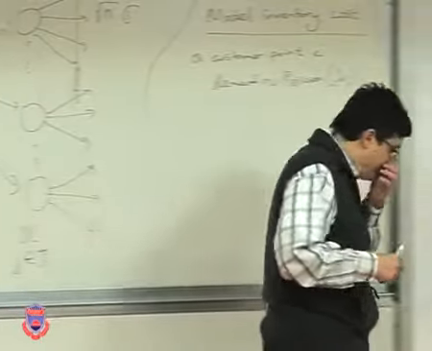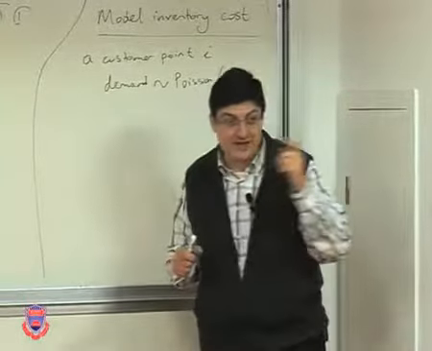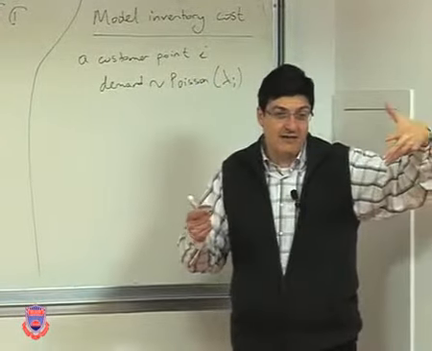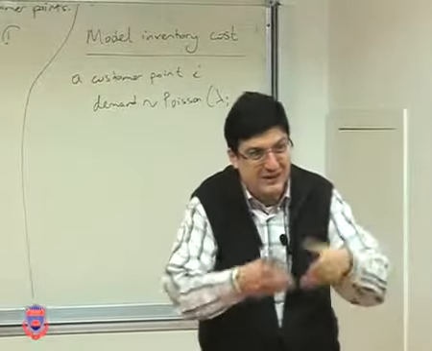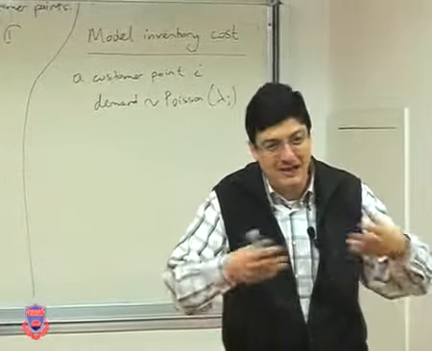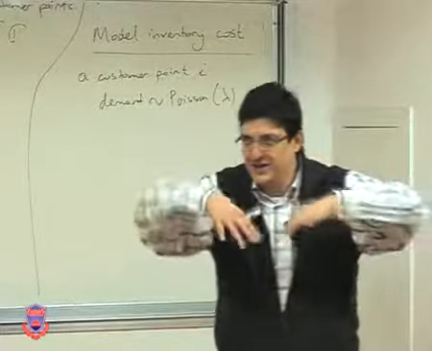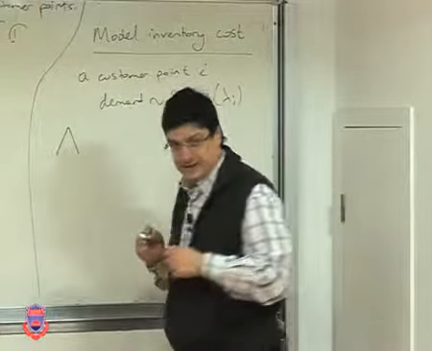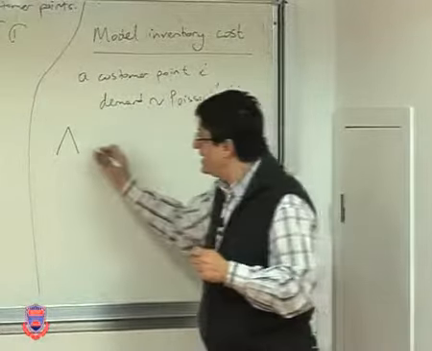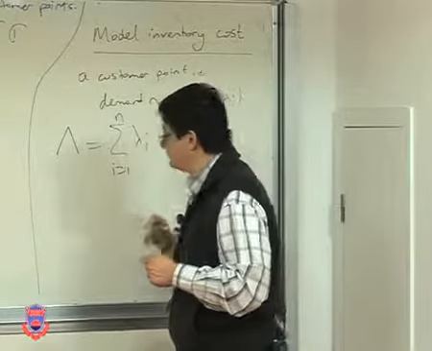If it is independent, remember from your stochastic courses, if you have different Poisson streams coming in, what will be the sum of that stream? It will again be Poisson, the superposition of Poisson processes. So they define capital lambda as the sum over i from 1 to n of lambda i.